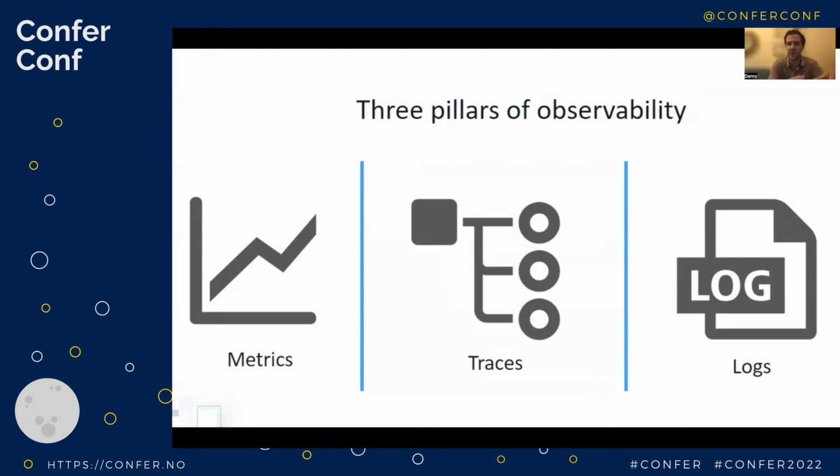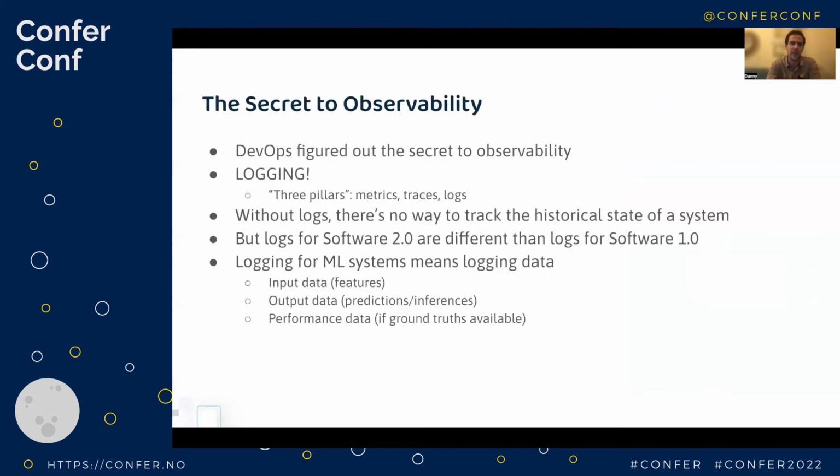Which means that if you want to understand what's happening in your system, you need to be able to trace the output of a system through its various subcomponents. And then logs in the most narrow definition are the unstructured output of an application, something that gives you qualitative information rather than quantitative information about what's going on inside of that system.